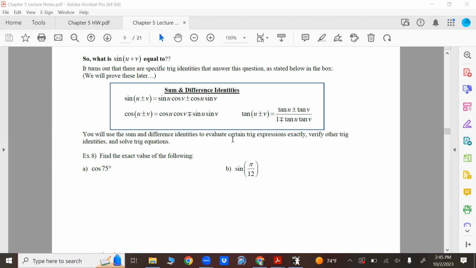So I can just go in the reverse direction.